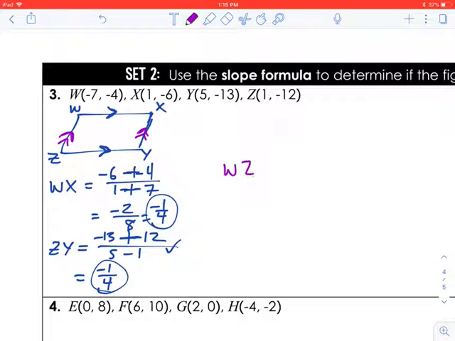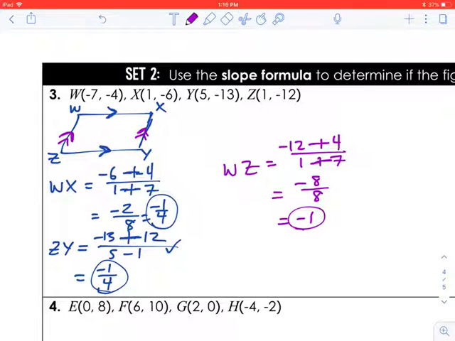So WZ is going to be Y minus Y over X minus X, so negative 12 minus negative 4 over 1 minus negative 7. So that's going to be negative 8 over 8, which is negative 1. Okay, and then the other one is XY.